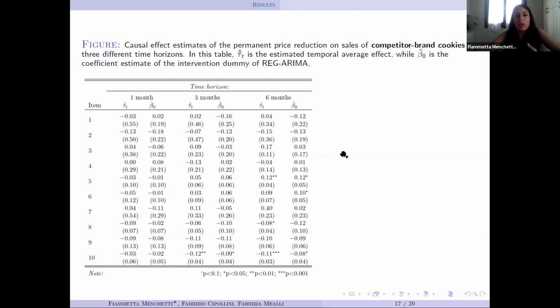So for some reason, even though there are store brand cookies that are less expensive, people still wanted to buy competitor brand cookies.